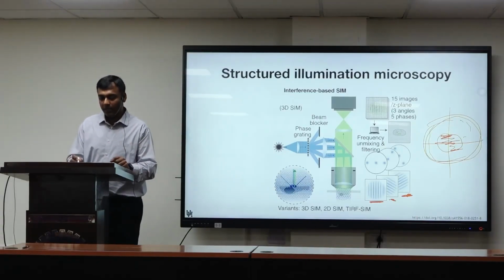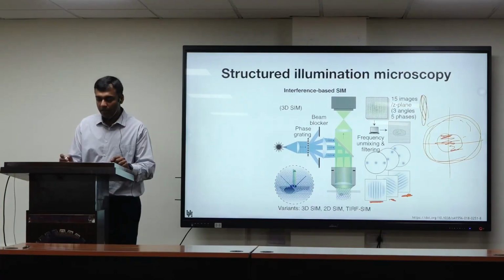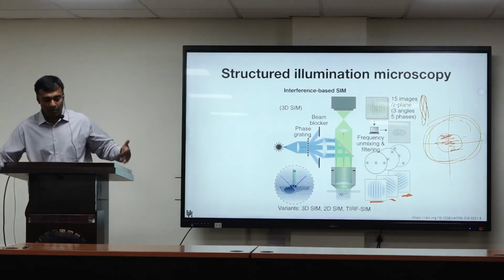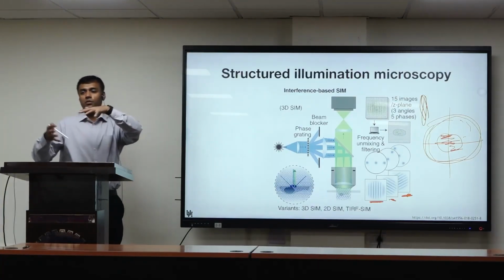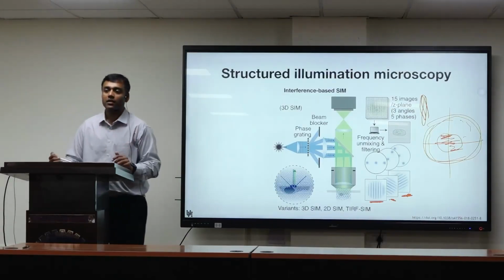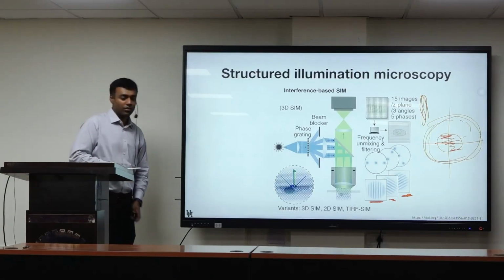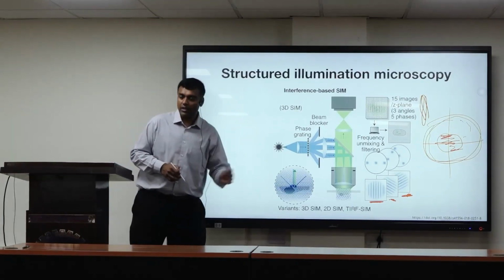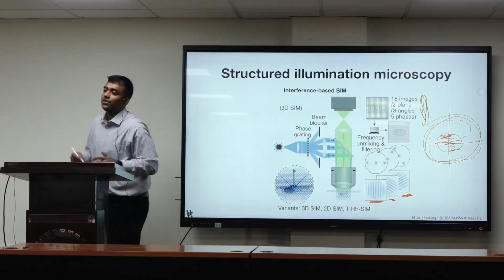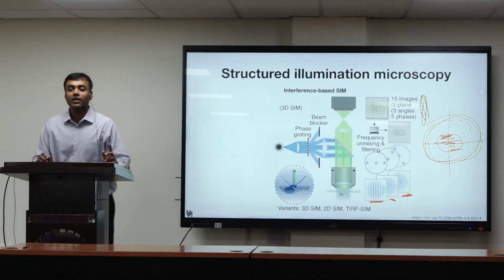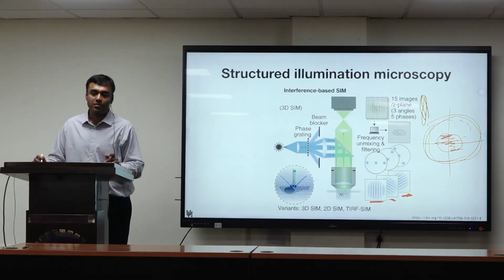So basically you take a bunch of images, take the Fourier transform, put them in the right place in the Fourier domain, and then take the inverse Fourier transform. The essential idea is people have been doing this for a long time in one dimension in communication systems.